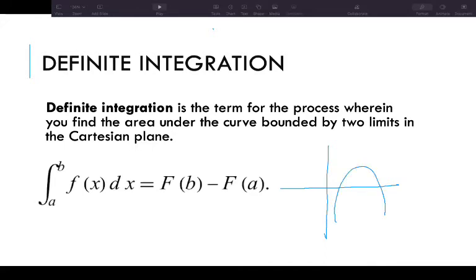Now we want to know the area wherein we put two limits here, or two values of x. Let's say x equals a and x equals b. We want to know the area under this curve. How do we find it?